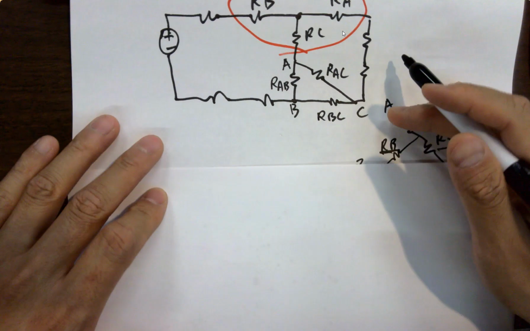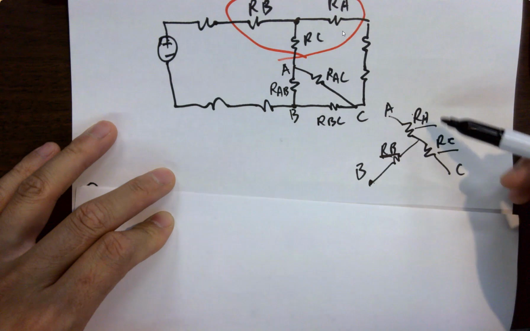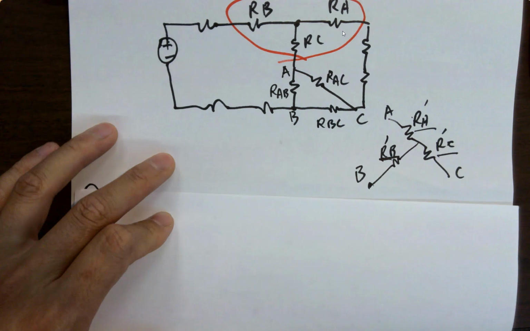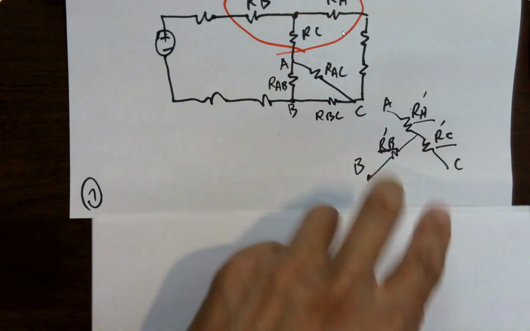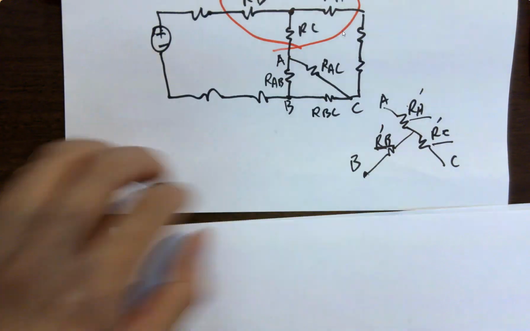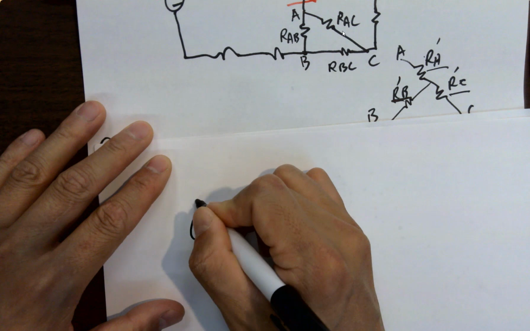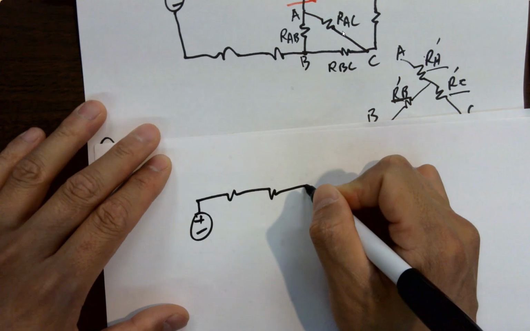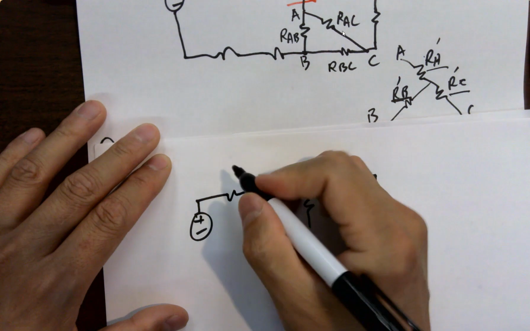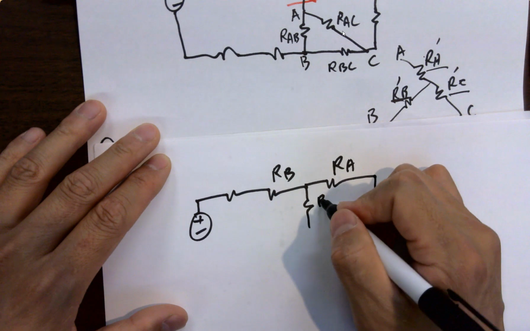So for this one, you definitely want to replace the triangle with, let's just label prime here. Replace it. Just take it out, and put it back in. It's RB, RA, RC.